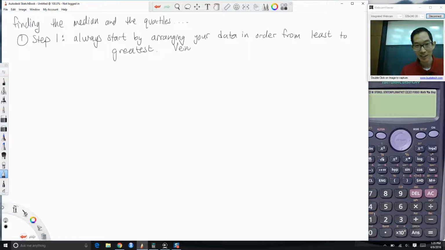If you don't do this, it's going to get all messed up. A lot of times in the homework problems, the data is already given to you arranged in least to greatest, but maybe on a quiz or a test, I won't give them to you arranged in order, so don't forget to do this step. Then step 2, find the median and quartiles.